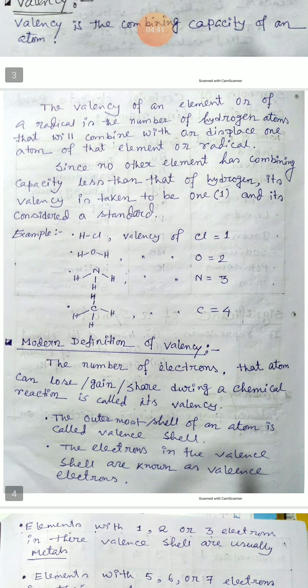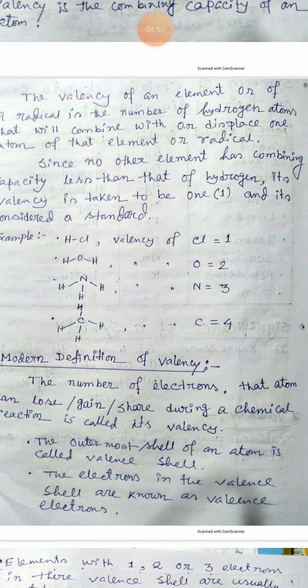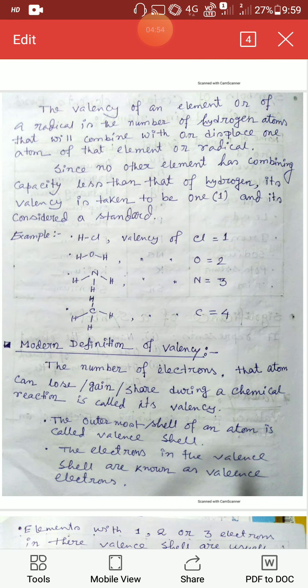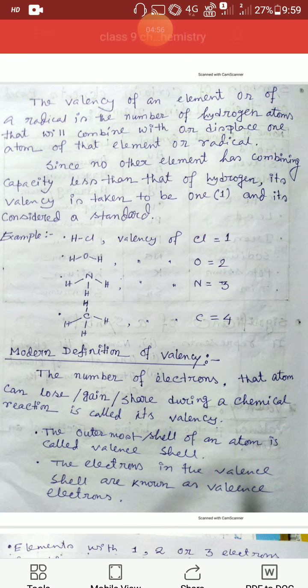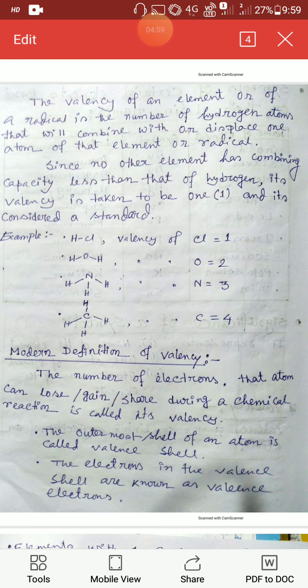The valency of an element or of a radical is the number of hydrogen atoms that will combine with or displace one atom of that element or radical.